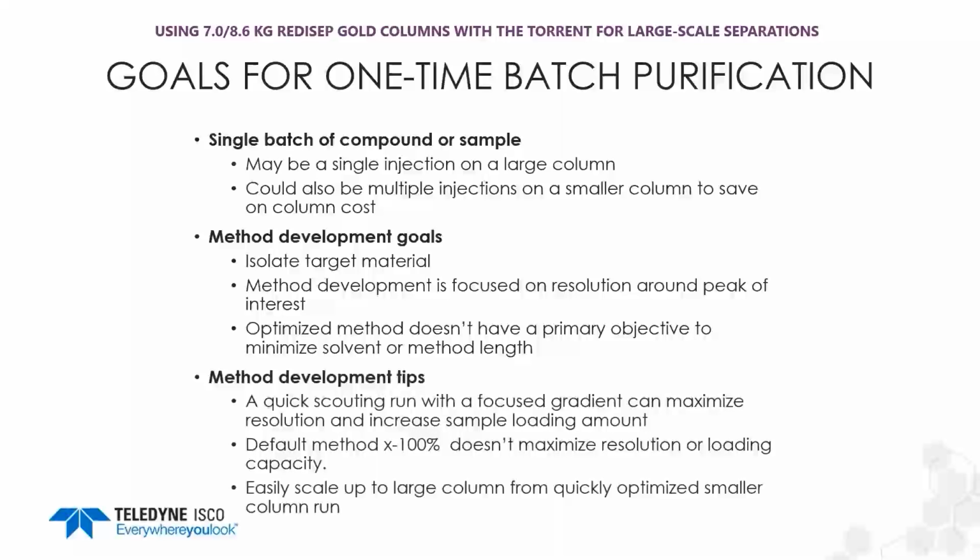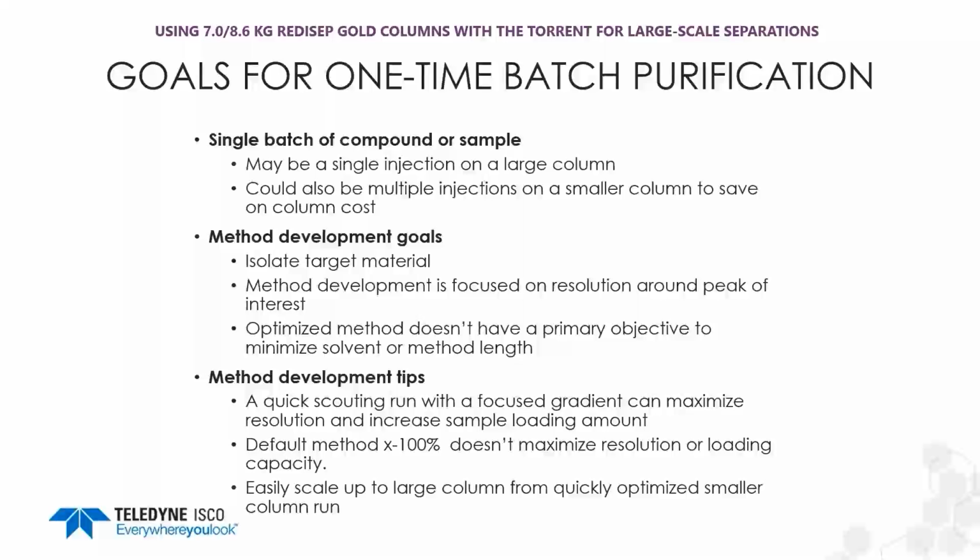So some goals here: you could do a scouting run on a small-scale column, and you could generate a focus gradient using some of our technical notes for generating a flash focus gradient, either from an analytical run or even from a smaller-scale flash run. Otherwise, you could use a default method.